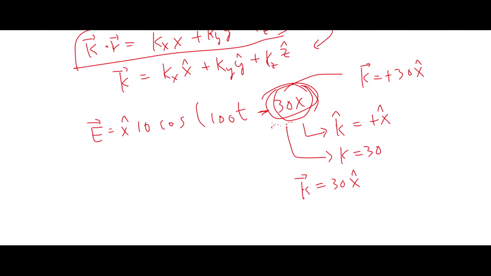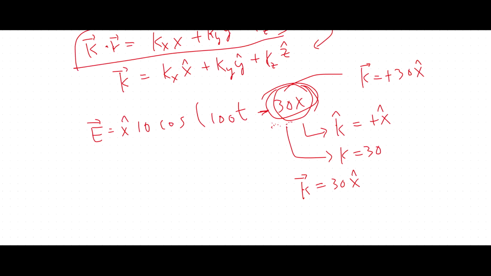Anything in the cosine is phase, right? An angle is a phase. When you have an expression like this, that's the result of K dot R. The x becomes x without the hat.